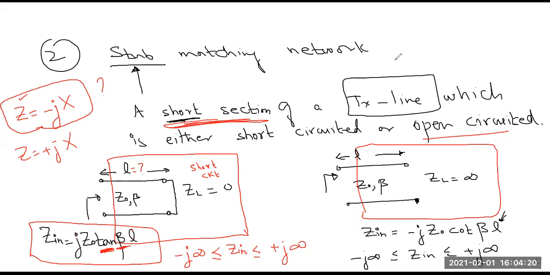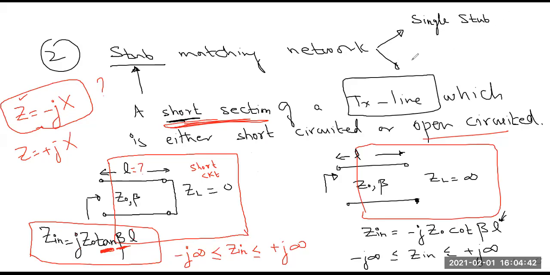Now, another important point is there are two types of stub matching network that we will talk about in this course. One is known by the name of single stub matching network.